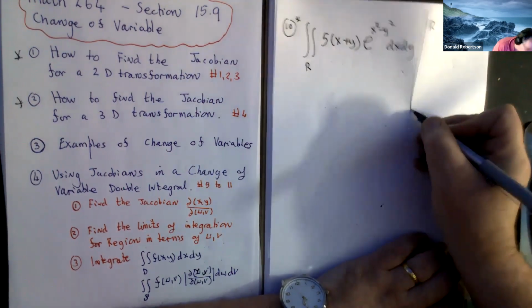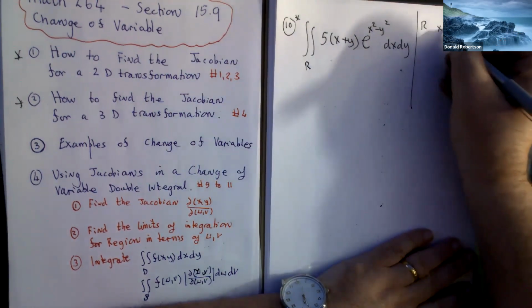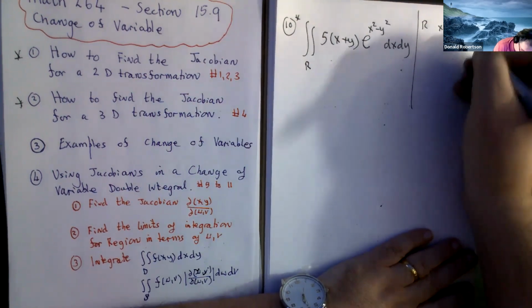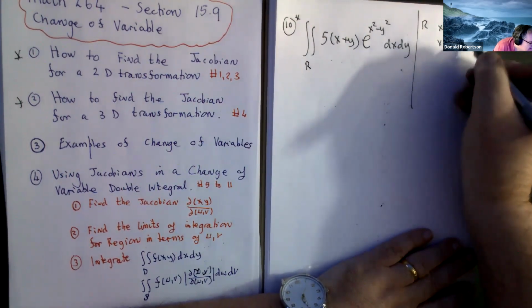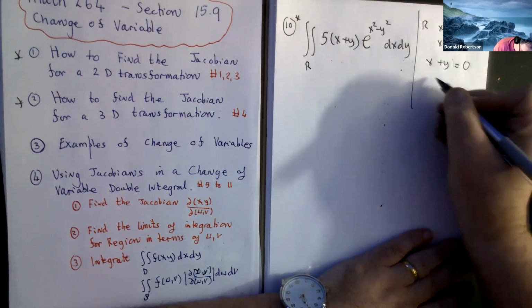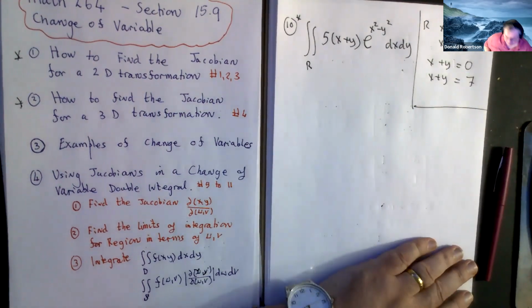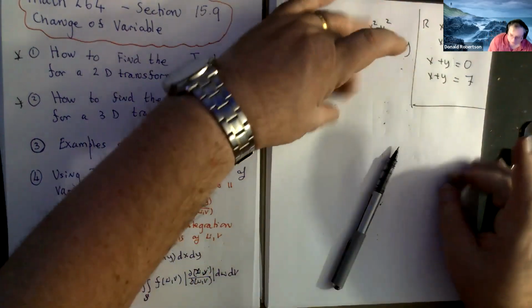And the region R is described by another, well, it's a parallelogram, but they call it a rectangle. That side, that side, that side, and that side. I mean, it could be a rectangle, like on its side.